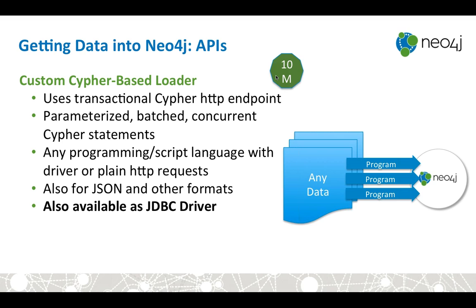And then you can also batch them and control transactions. And since Neo4j 2.2, this also works really well with highly concurrent writes. So when I ran the first test there, I could insert in total 1 million nodes and relationships per second with highly concurrent Cypher statements, which was really nice.